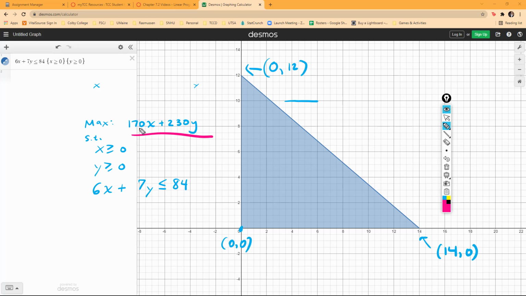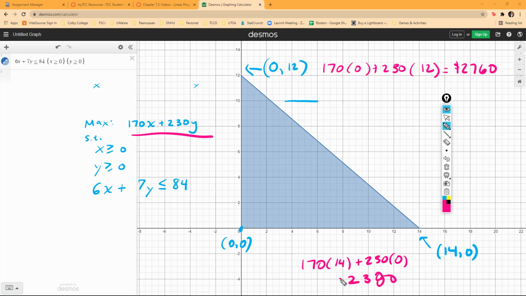So if I look at this first one, it'd be 170 times 0 plus 230 times y, which is 12, so just 230 times 12, I get 2760. This one down here, 170 times 14, and then plus 230 times 0, so 170 times 14, I get 2380.